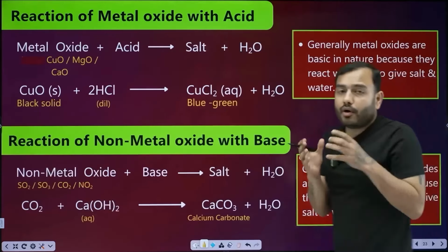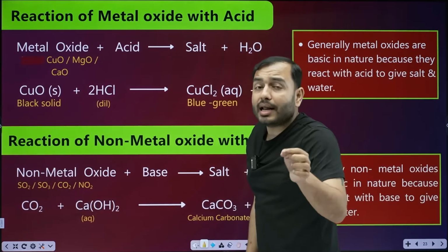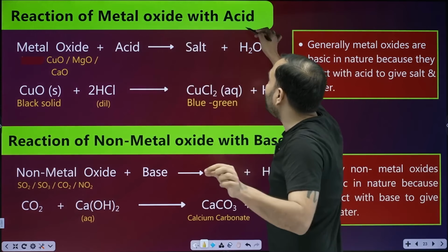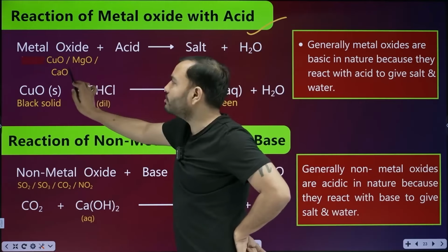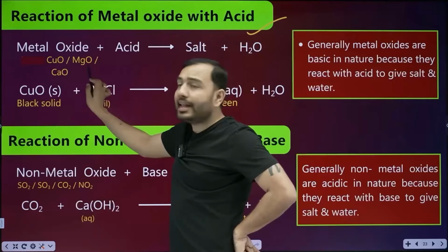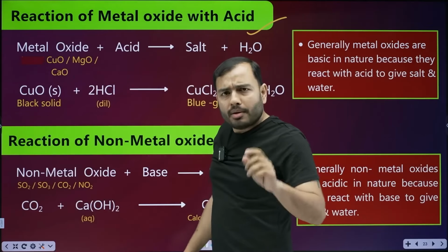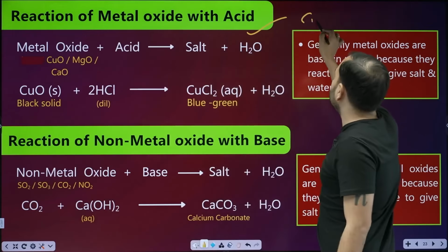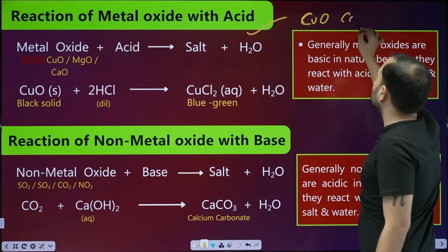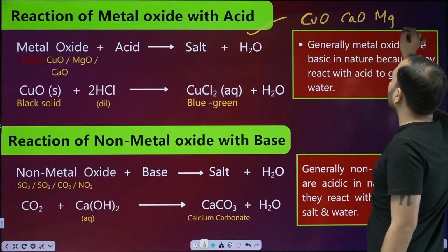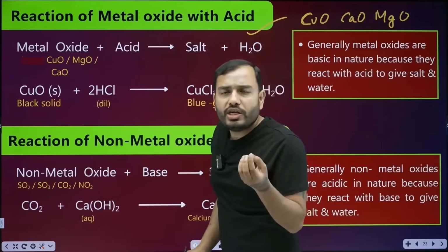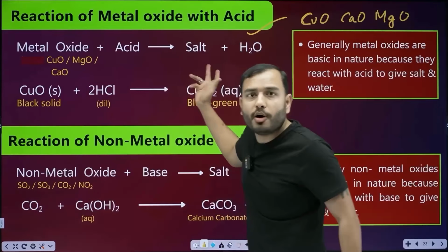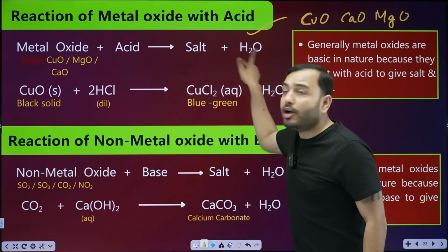Now listen to the further story: the reaction of metal oxides with acid. Metal means copper, magnesium, calcium; we take copper oxide, calcium oxide, magnesium oxide. When we react them with acid, salt and water are formed.